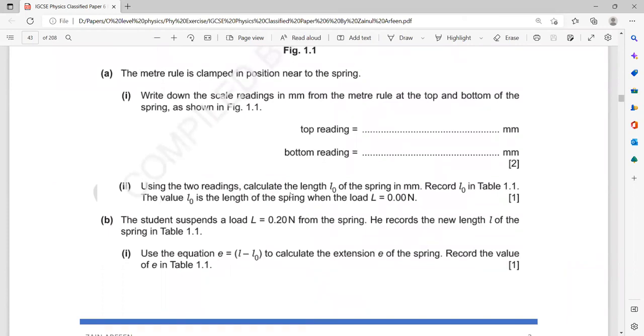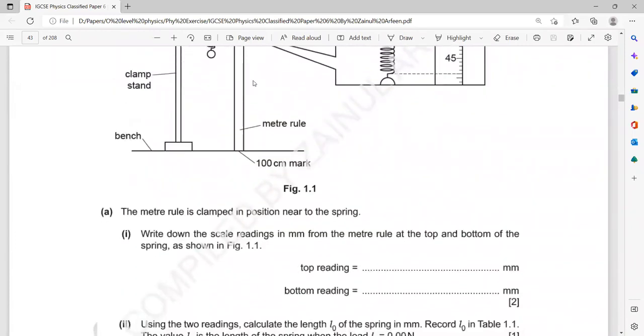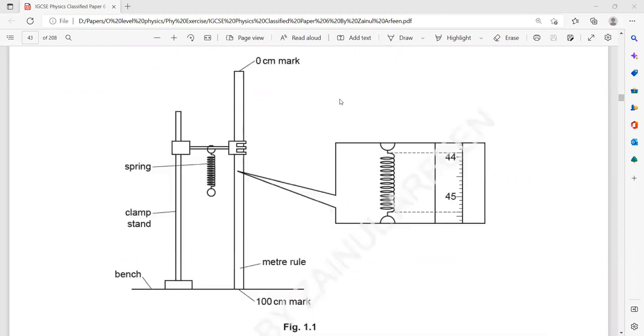Use the two readings, calculate the L naught, the length of the spring. So what will be the length of the spring, if the top reading was 439 and the bottom reading is 454? How long is this spring? If one is 439, another one is 454.